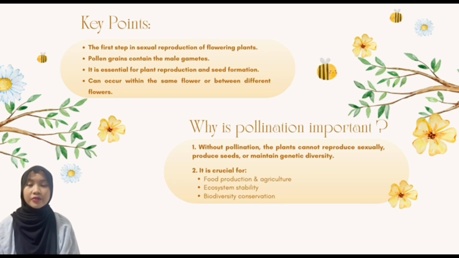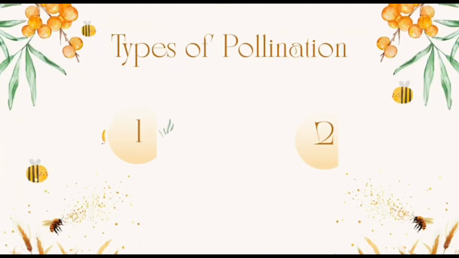Thirdly, biodiversity conservation by maintaining genetic variation. For example, crops like apples, watermelons, and cucumbers require effective pollination to develop properly. Poor pollination can lead to lower yield and poor quality produce, which affects farmers and food supply.